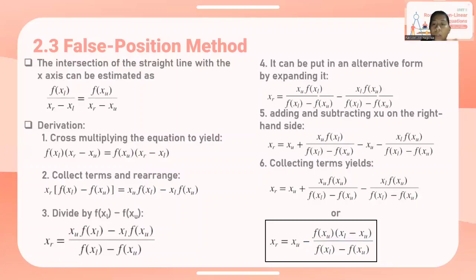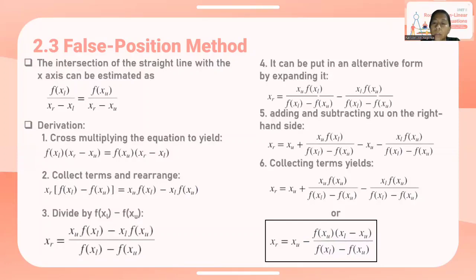It can be put in an alternative form by expanding it. xr equals xu times f(xl) over (f(xl) minus f(xu)) minus xl times f(xu) over (f(xl) minus f(xu)).